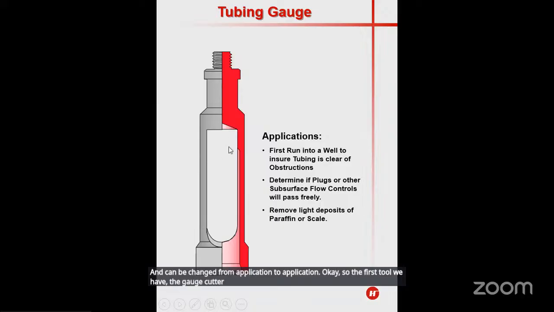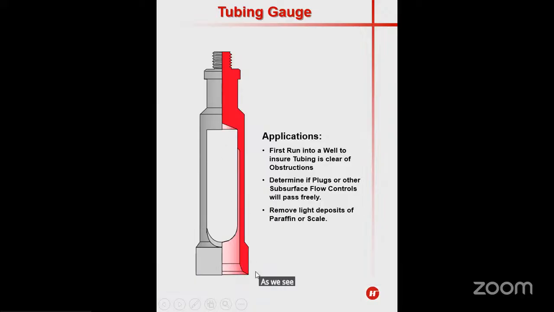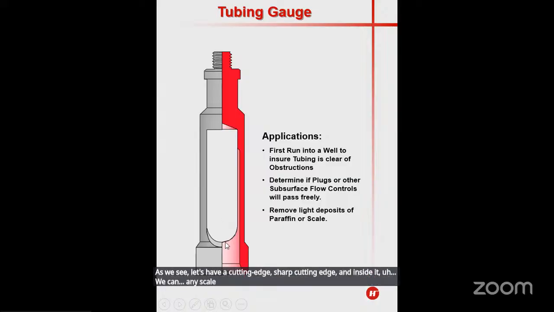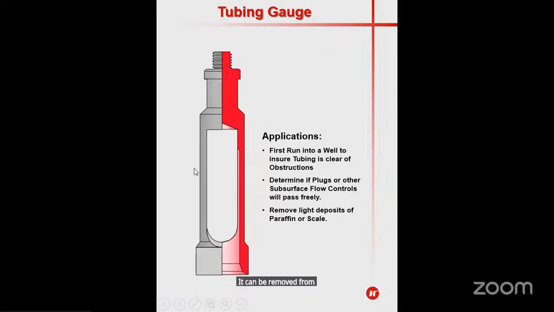The gauge cutter, as we see, has a sharp cutting edge, and any scale, paraffin or wax can be removed by this gauge cutter.